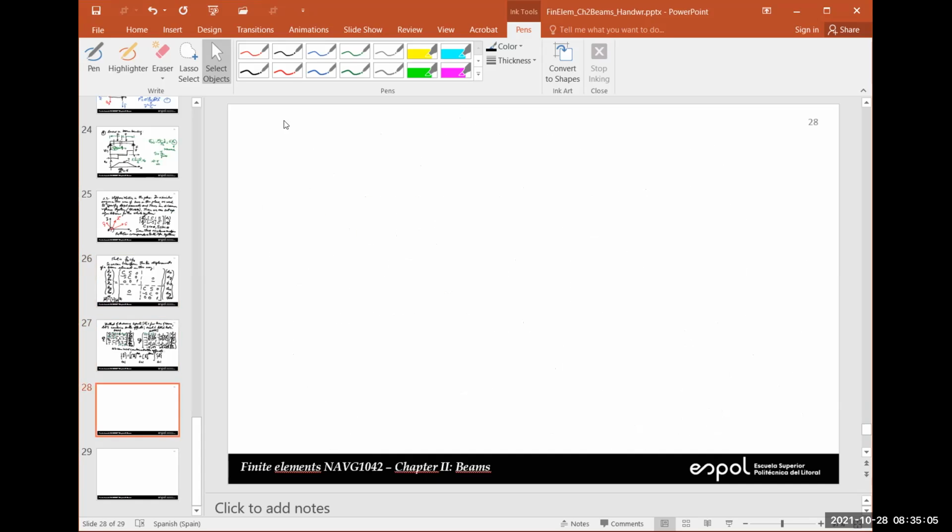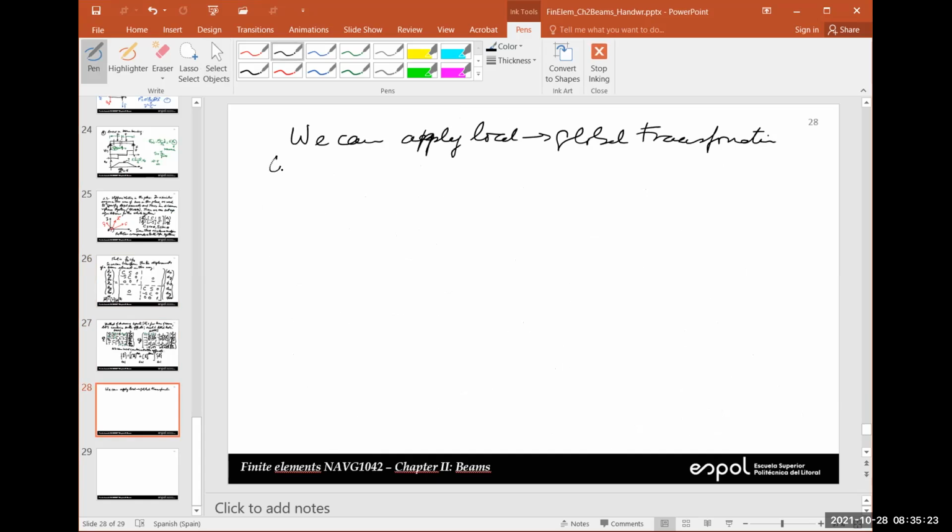So we can apply the local to global transformation to displacements and external forces, because both are vectors.